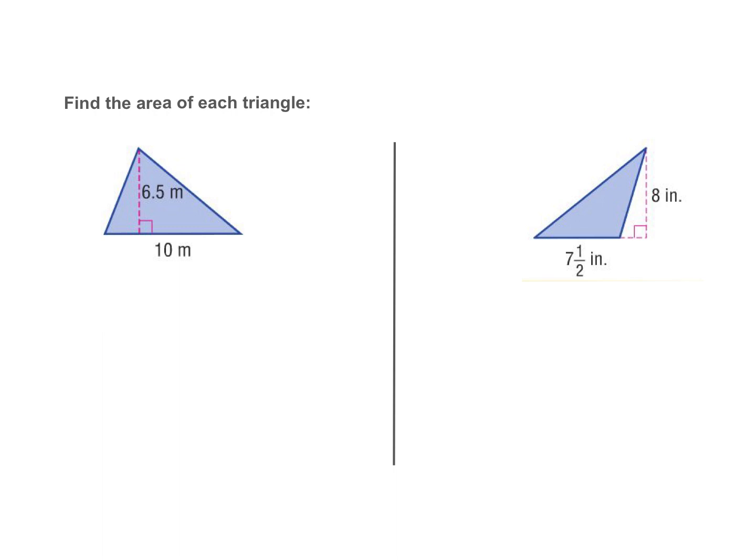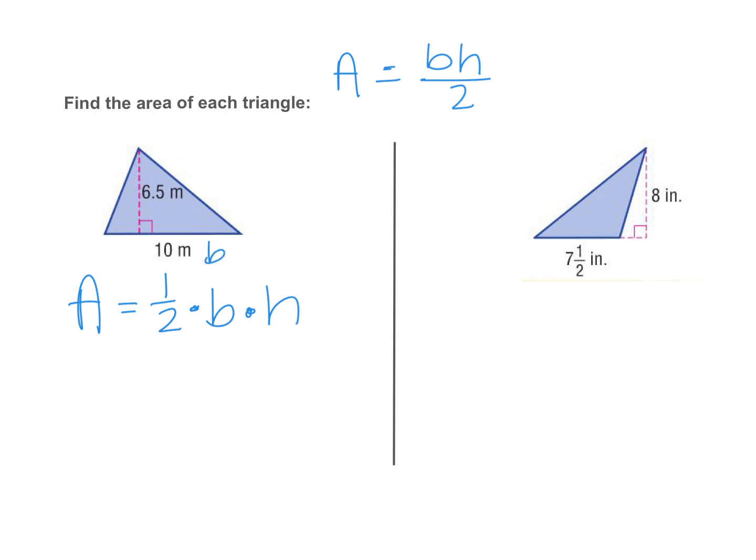Remember, area equals 1/2 times base times height, or we can write it as area equals base times height divided by 2. So here's my base, here's my height. We have A equals 1/2 times 10 times 6.5.